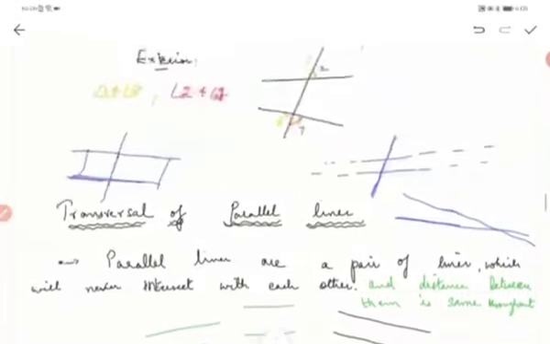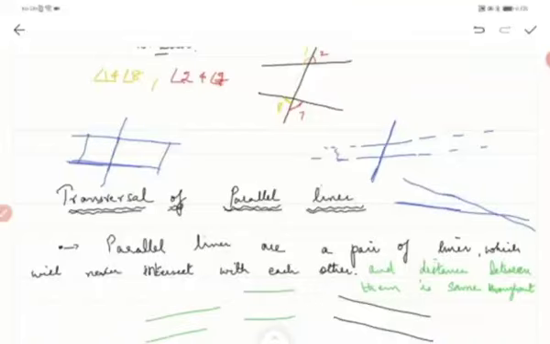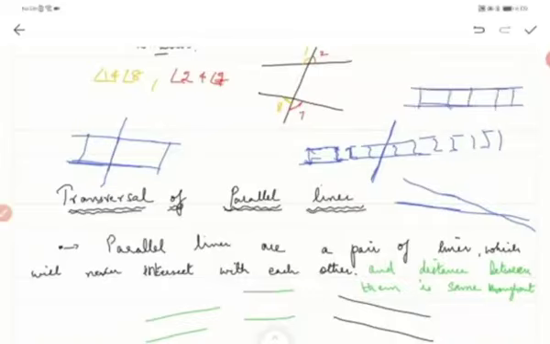Also remember, for parallel lines the distance between them is always the same at any point. The distance between the two parallel lines at this point is the same as at this point. So why will two parallel lines not meet each other? Because they have equal distance between them at all points. Whereas when lines are intersecting, the distance changes.